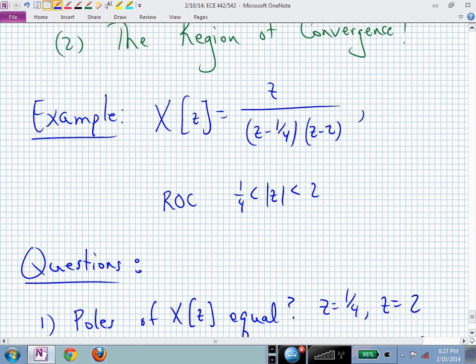Describe the shape of your region of convergence. It's annular, isn't it? It's a ring. It's not a solid region. That would be anti-causal. If it had a hole in the middle of it, but everywhere else it was present, that would be causal. The fact that it's annular says that it's two-sided.